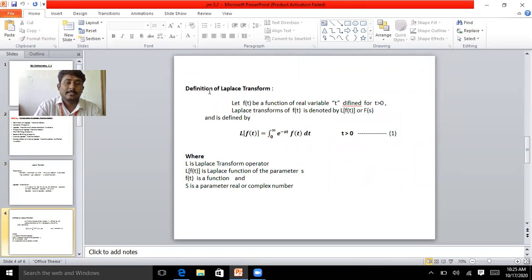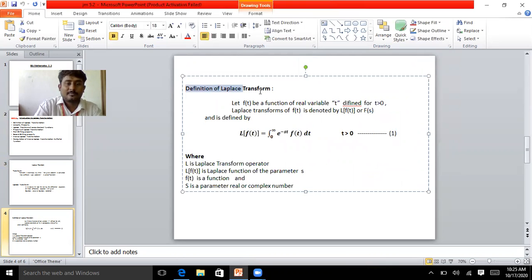The next is the definition of Laplace transformation. This is important. Let f(t) be a function of a real variable t, defined for t greater than 0, that is, t is positive.